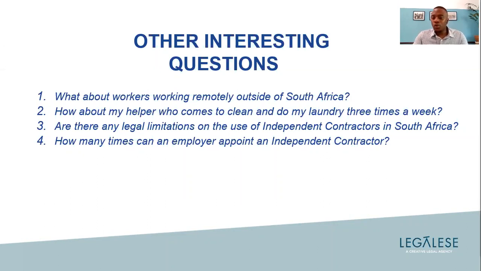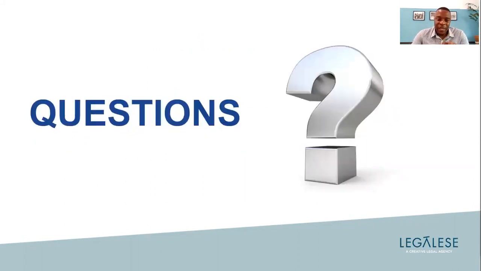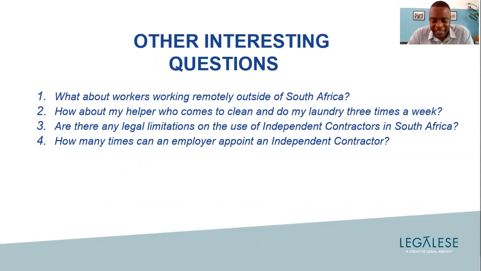Now, let's say, what about your helper who comes to clean and do your laundry 3 times a week? If we apply the presumption clause, even though they perform duties for other employers, they're most probably going to be characterized as a part-time employee because of elements such as control.